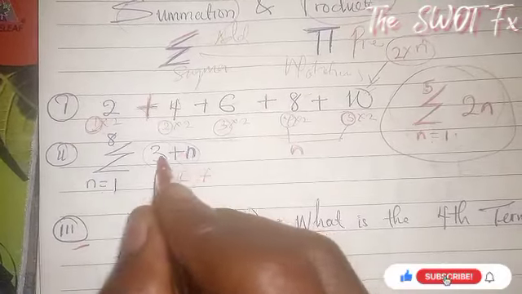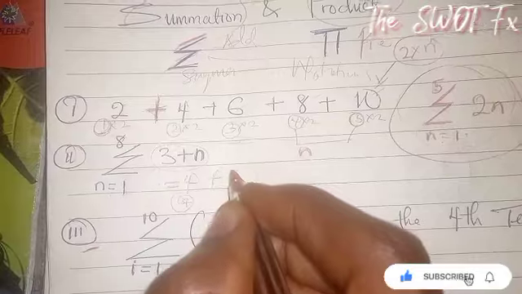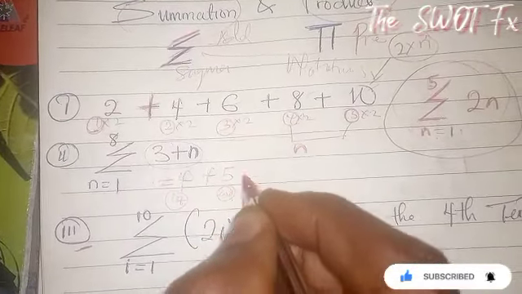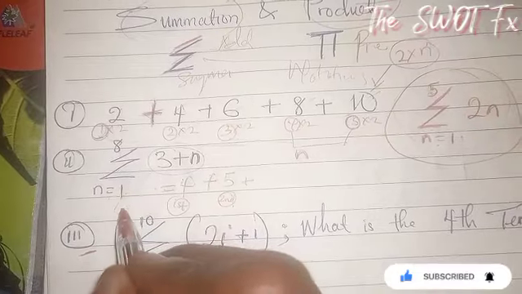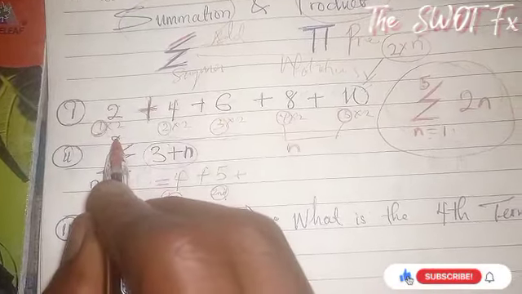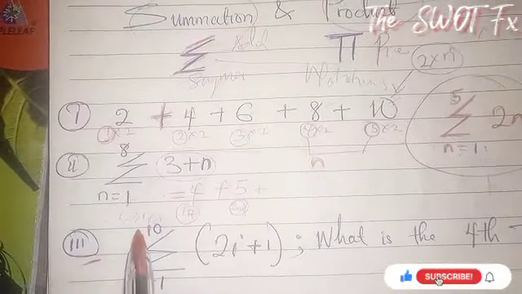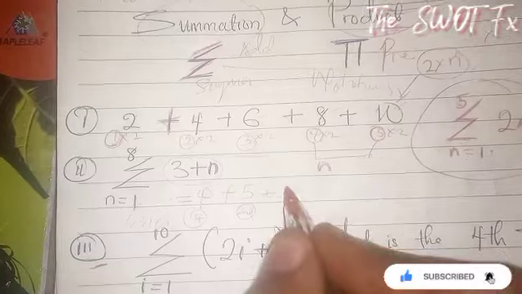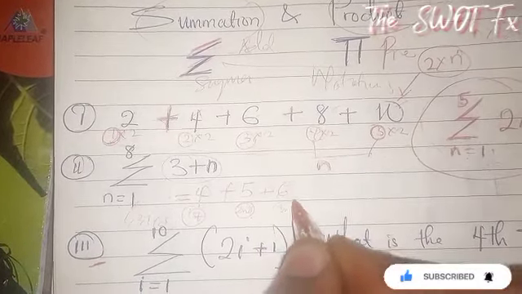Second term, which is 2: 3 plus 2 is 5. The third term is 3: 3 plus 3, 6 is the third term.